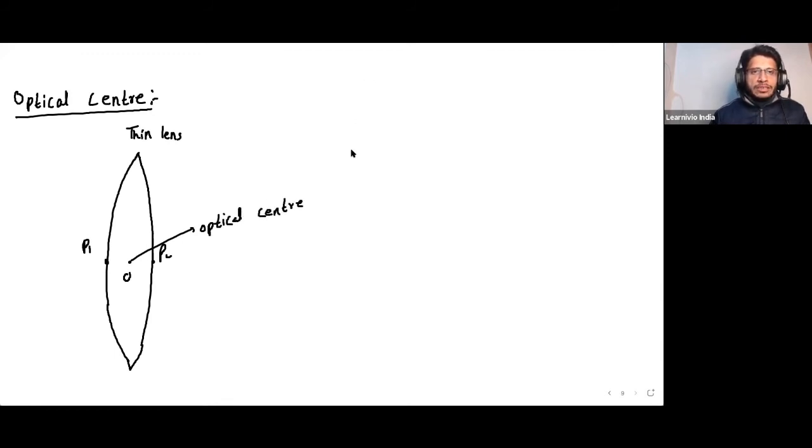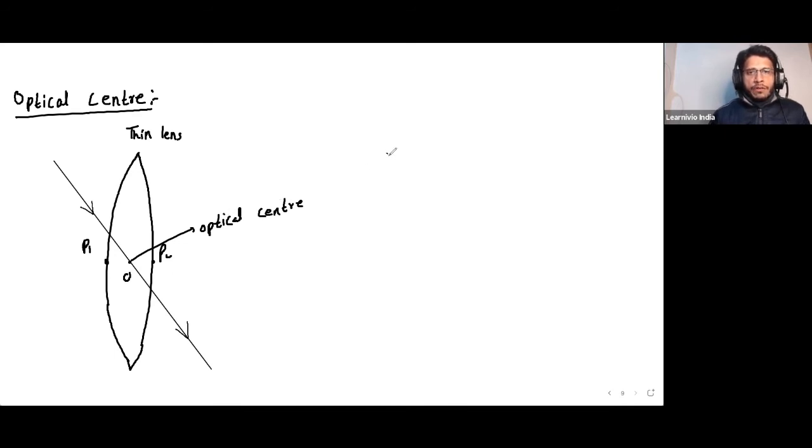If you pass a ray through the optical center of the lens, this ray will pass without any deflection. The ray passing through the optical center will not deviate. It will go straight without any deviation. This is what we mean by the optical center of the lens.